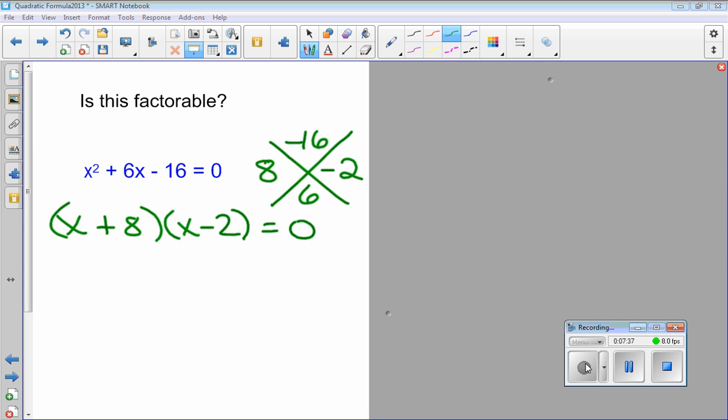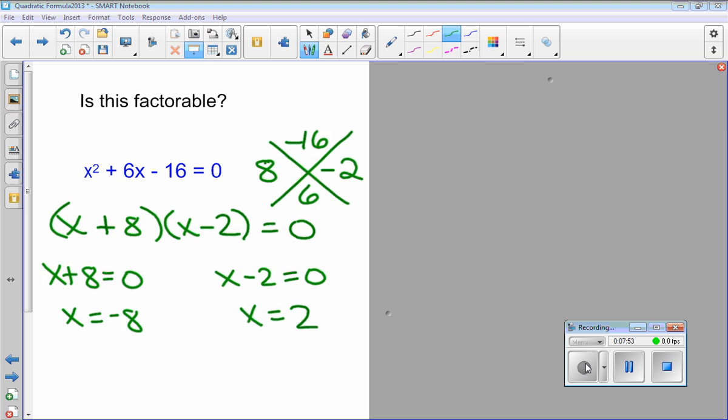If we set it equal to 0, we want to solve it. We set each of the factors equal to 0. We did this before. This is what our homework was on, right? So we know that the 2 answers are negative 8 and positive 2. Right? We've done this. All right.